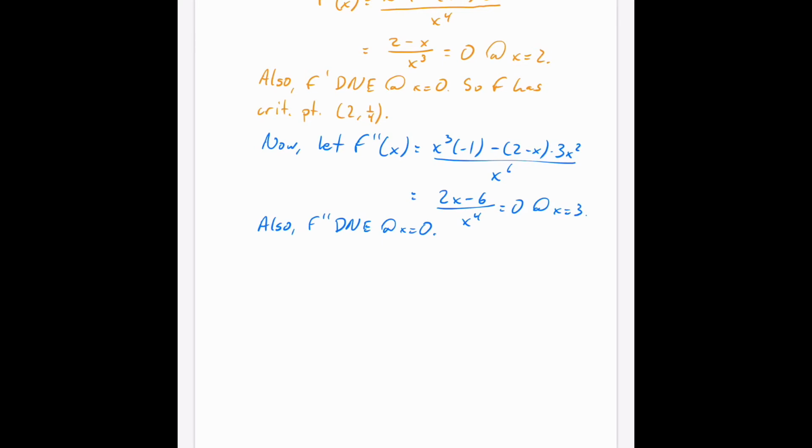And what I'm going to do at this point is get our interval chart going. And I'm going to try to do it right over a set of axes. So we know that both f prime and f double prime have critical number 0. F has that value 2 that's also of interest, and f prime has that value 2, and f double prime has the value 3 that's of interest.